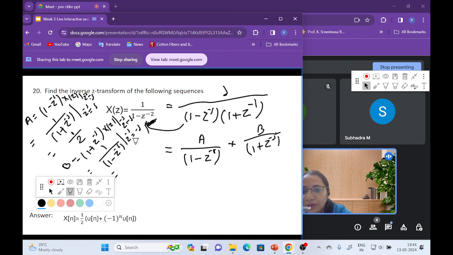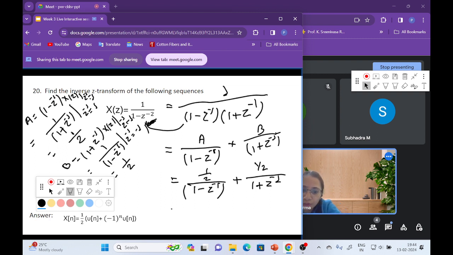When we put z inverse is equal to minus 1, again we will get 1 by 2. So X of z is 1 by 2 over 1 minus z inverse plus 1 by 2 over 1 plus z inverse.